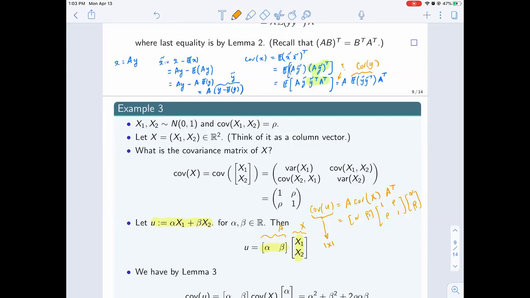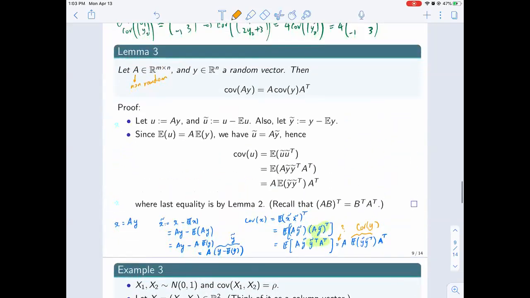I just wanted to say that this is the variance of U. Okay, that's good enough. So the covariance matrix, when it's 1 by 1, is just the variance. So this formula gives you a way to compute the variance of U, and in general the variance of a linear combination of random variables.